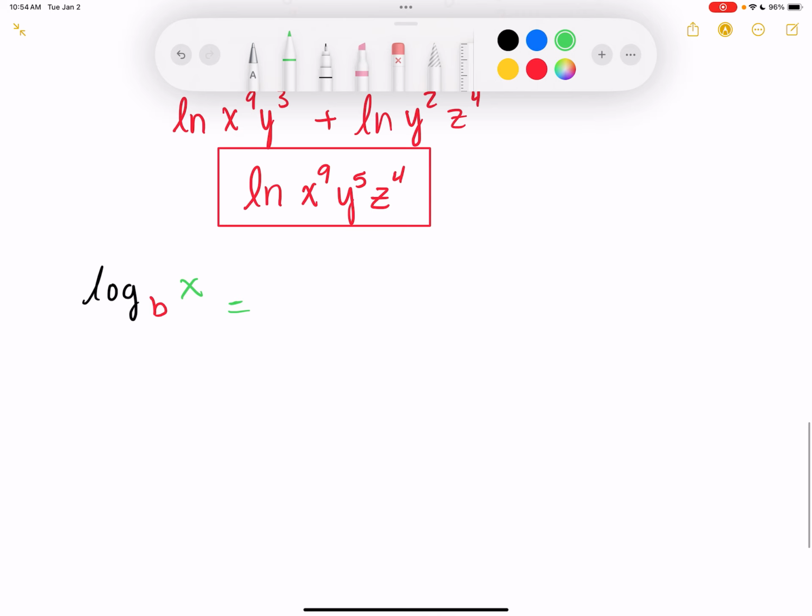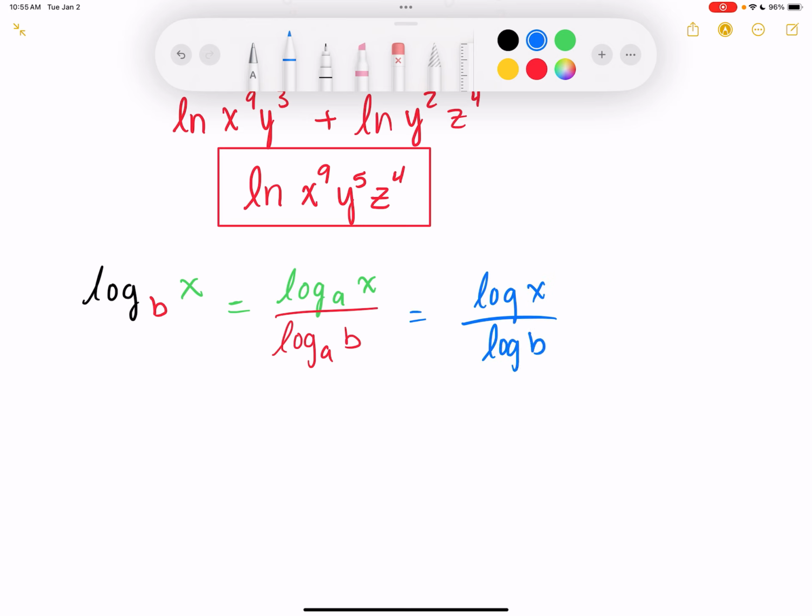But what happens is it's log base a of x, so that's the change of base to whatever our new base is, divided by log base a of b. If it was just trying to change it to a common log, it would be log of x over log of b, which is what every problem in the book actually has us doing.